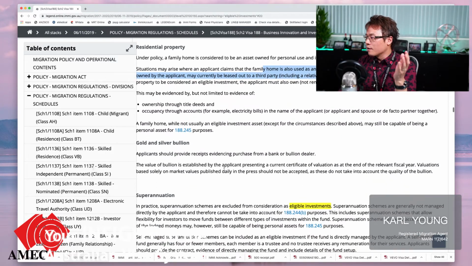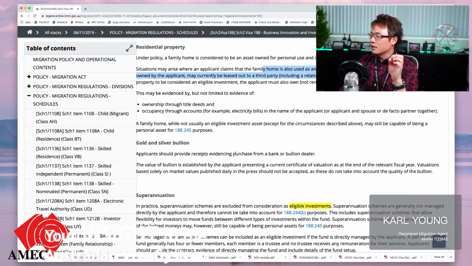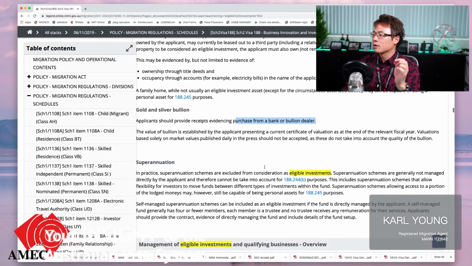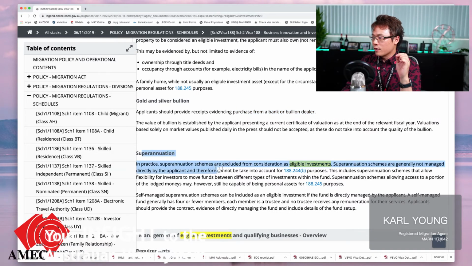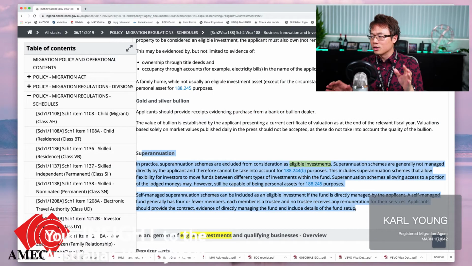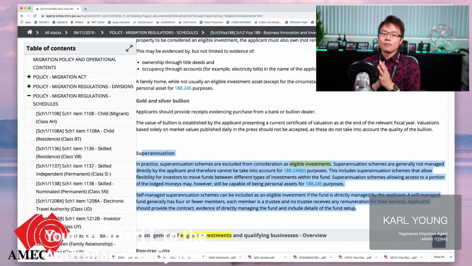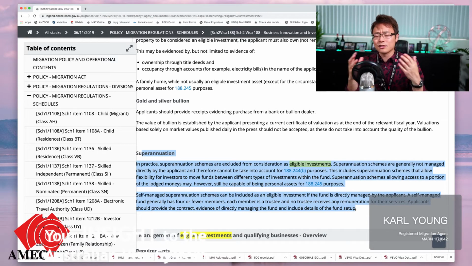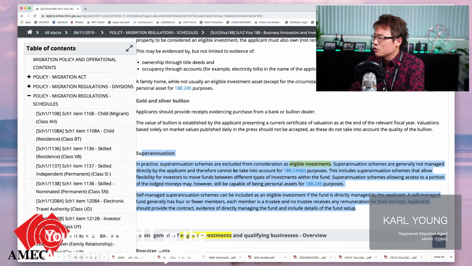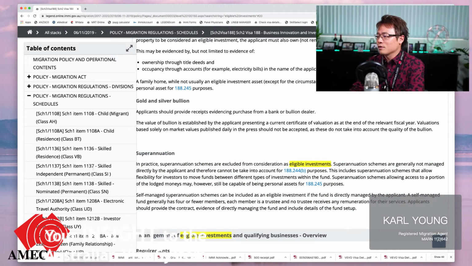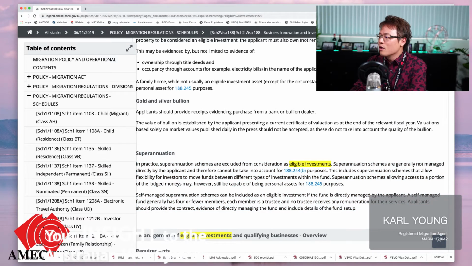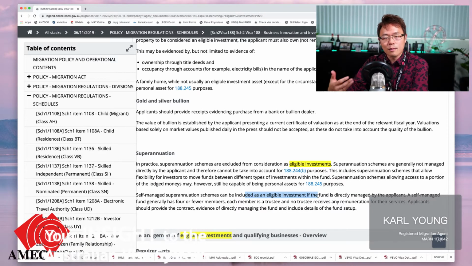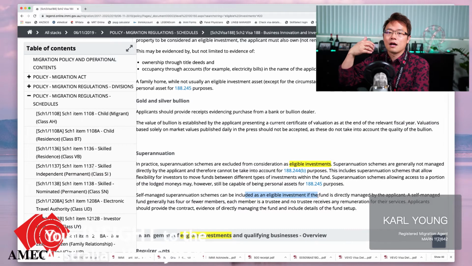Now, gold and silver, again, you need to purchase them from a dealer, and as long as there's documentation included, that can be counted. Now, superannuation generally cannot be used as an investment, because you cannot touch it and you cannot make a decision on what you will invest into. But there is a self-managed superannuation scheme, which is self-managed, obviously, so that's your direct involvement, maintenance, and also control.